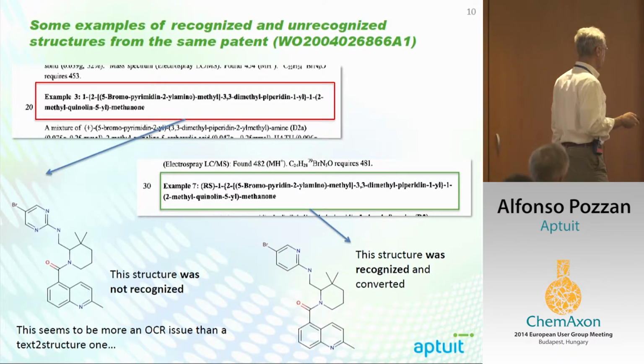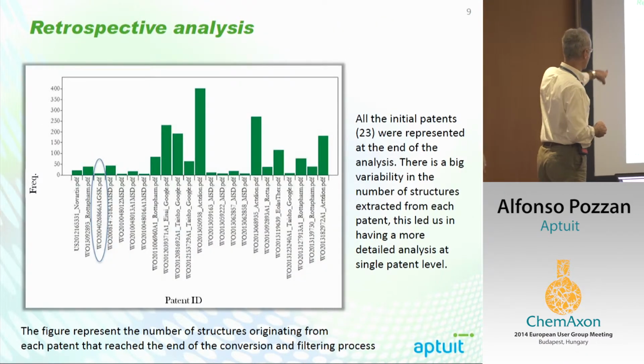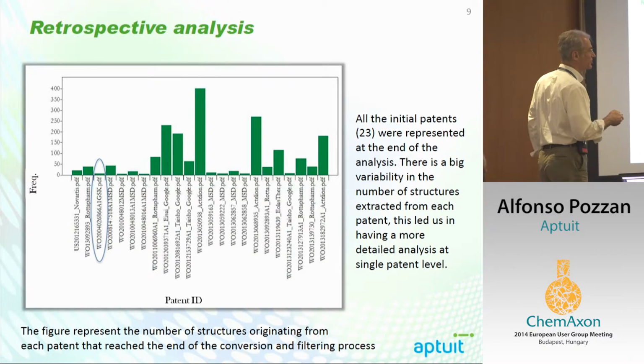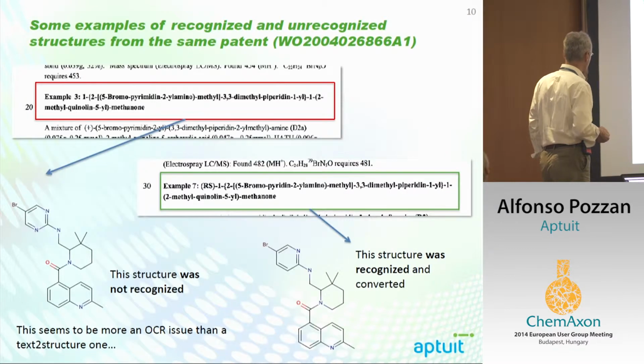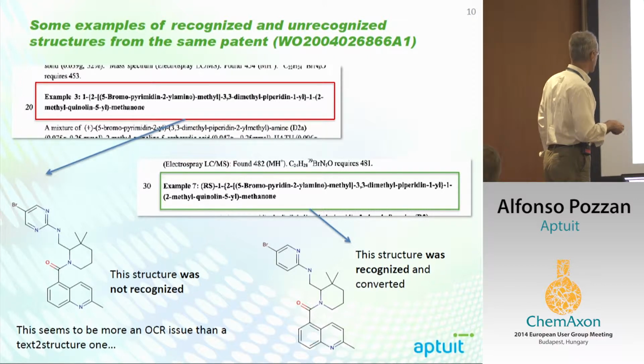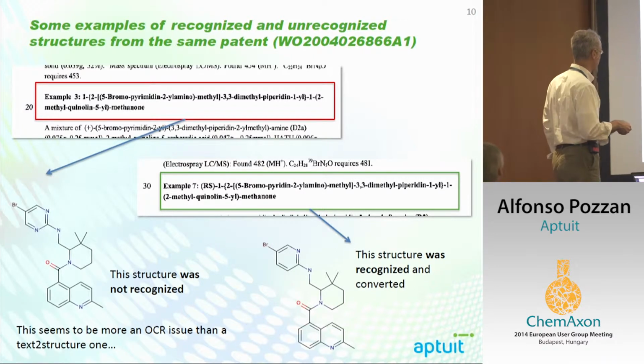One particular issue, for example, is if we look at a particular patent that has a low throughput of relevant structures, we realize that, for example, this structure from the patent was not recognized, and this structure, which is very, very similar, was recognized.